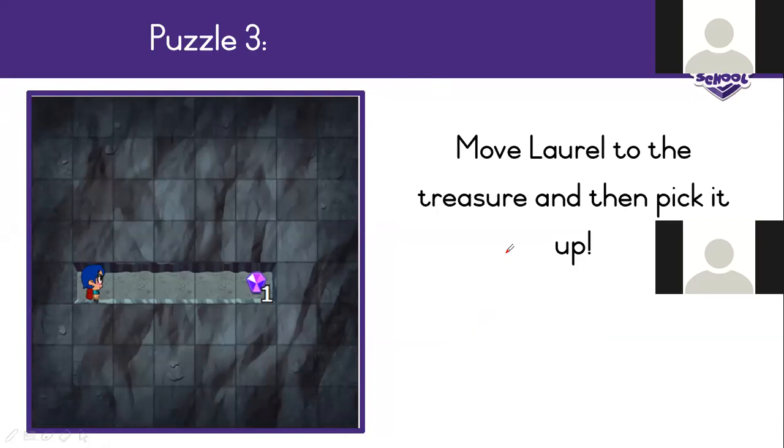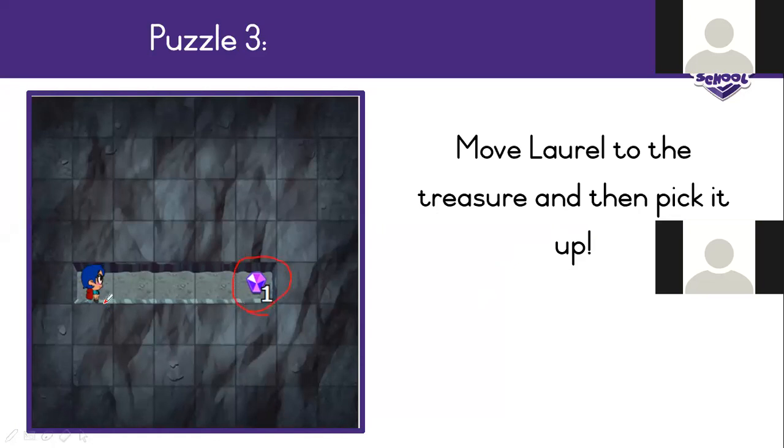Right, this is puzzle number 3. You have to move Laurel to the treasure, and then you have to pick the treasure up. So again, please remember to use the right block, this collect block, only in the end.